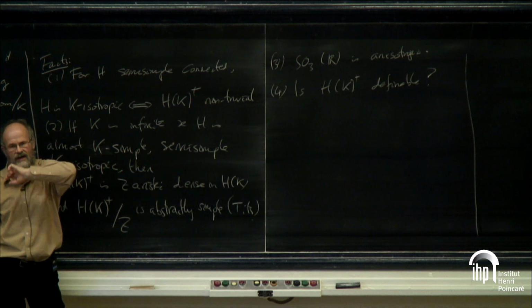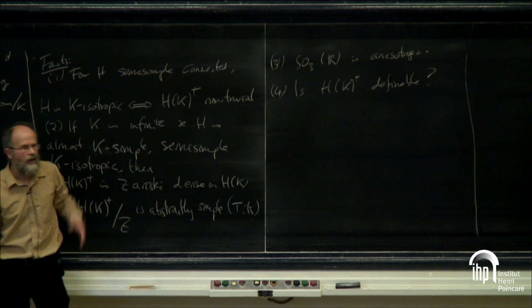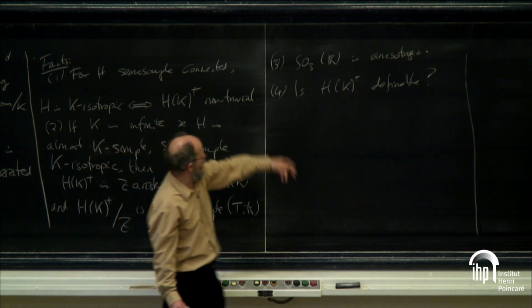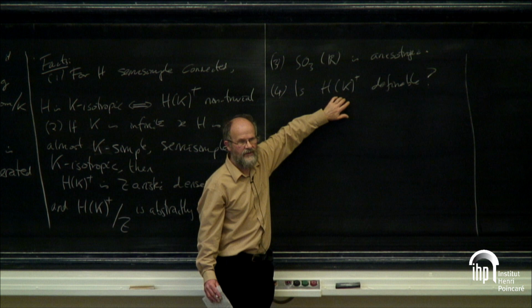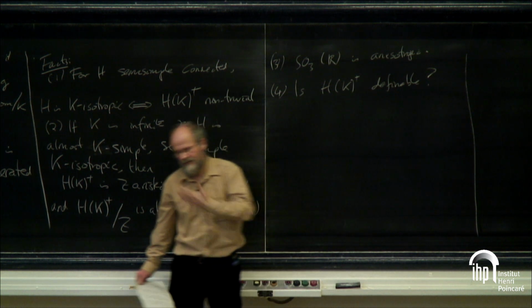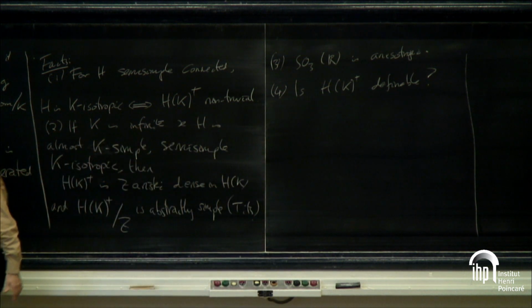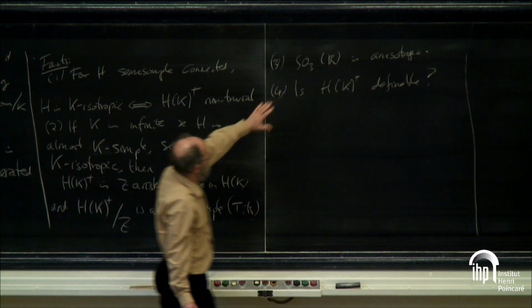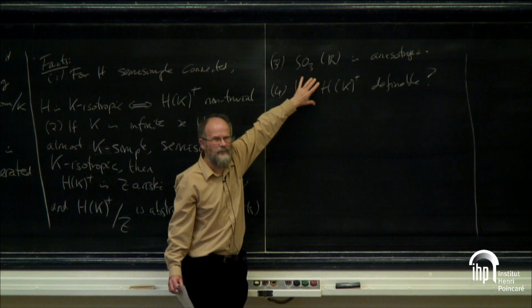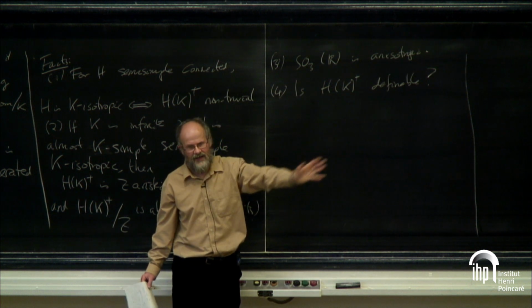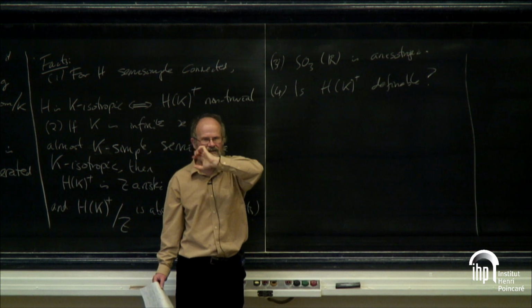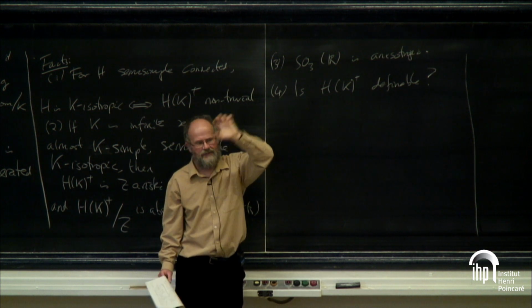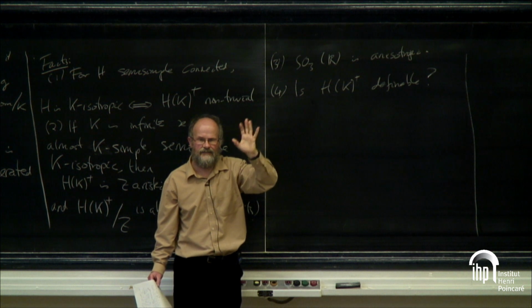When they are equal, then even without simple connectedness, this will be definable, and that's the case in things like p-adically closed, real closed, algebraically closed. The problem is this is actually given as the group generated by unipotent elements or generated by unipotent radicals of parabolic subgroups. Because it's a definition in terms of generation, it's not completely obvious it's definable.